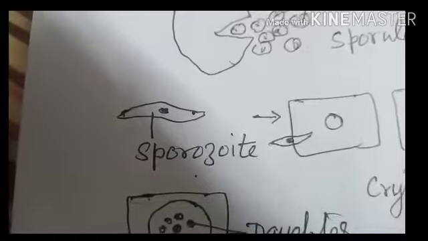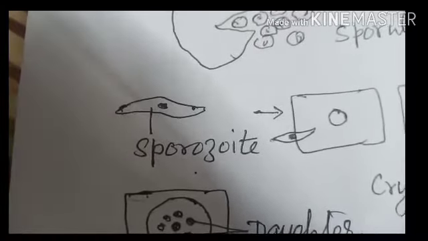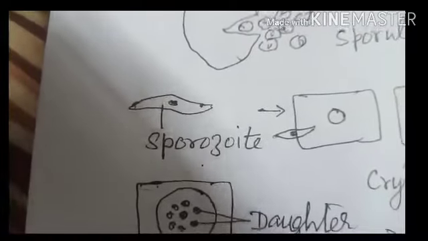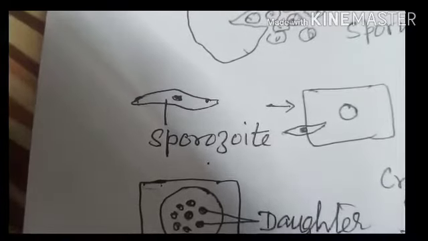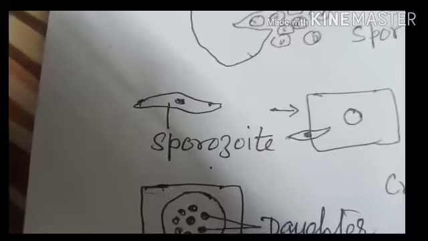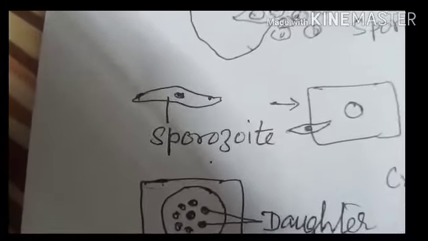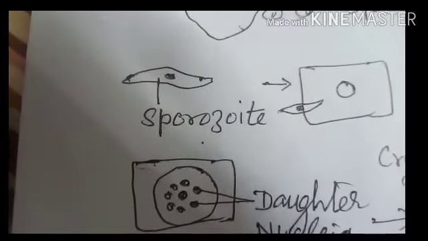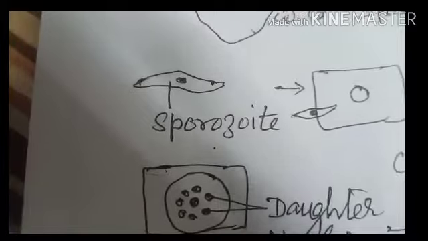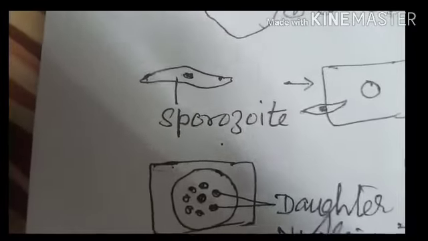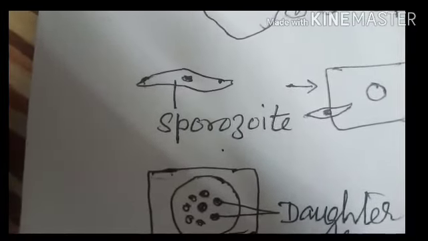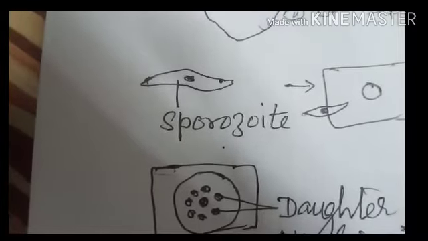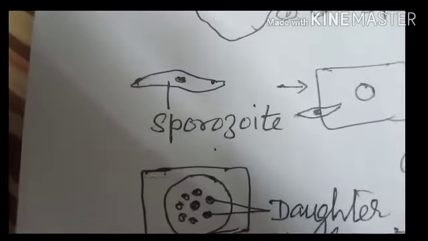Sporozoites are the infectious stage. They enter the human body as a female Anopheles mosquito bites a healthy person and she pours her saliva into the human. They are present in the saliva of the female Anopheles mosquito.